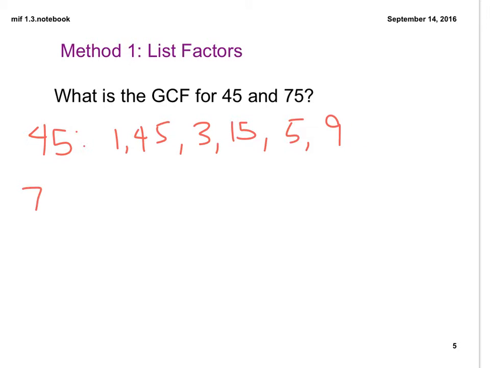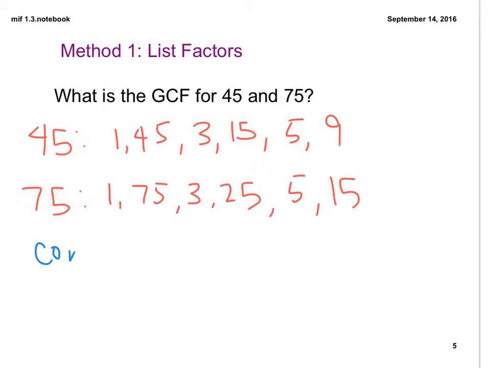Then we take 75. List the factors there. 1 and 75. 2 doesn't go. 3 and 25. And finally, 5 and 15 are factors.